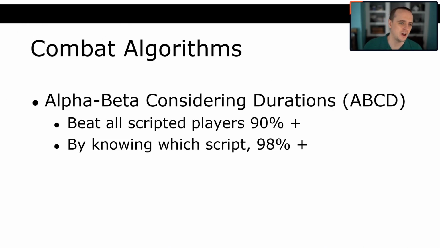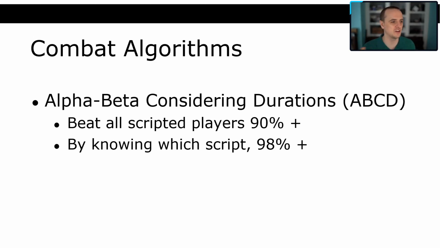So what I did in my research is that I had to modify the alpha-beta and Monte Carlo algorithms to consider duration. So I called it Alpha-Beta Considering Durations, or ABCD. If you ever go into research or you ever release a GitHub project or you ever make an algorithm, name it something clever. Because there were so many people who cited my papers because it was called ABCD and they remembered it.